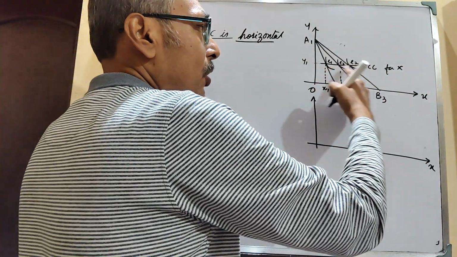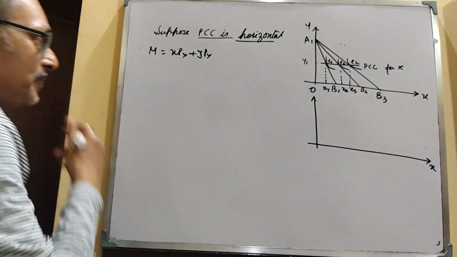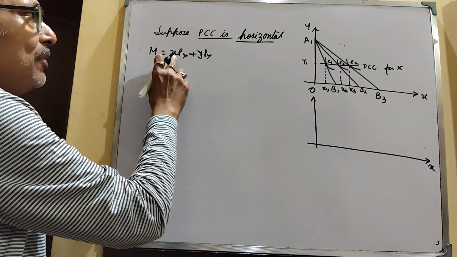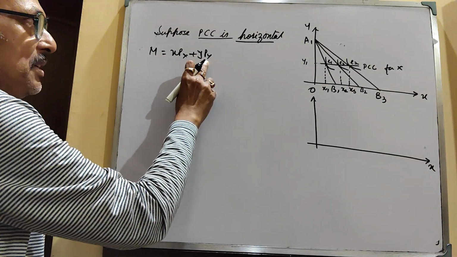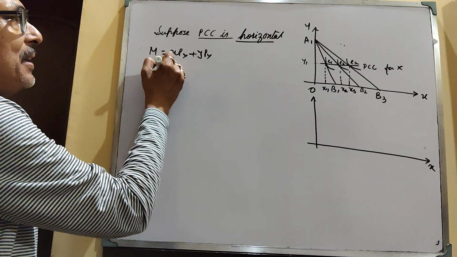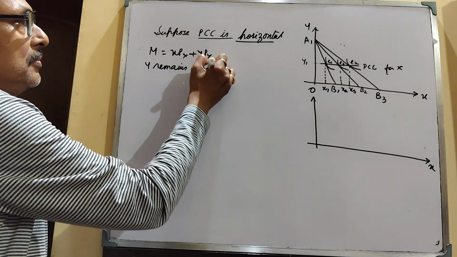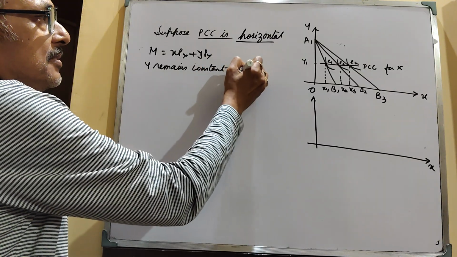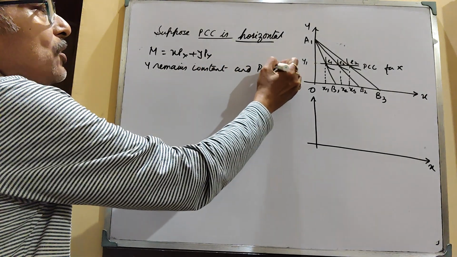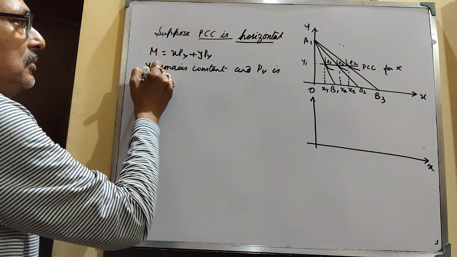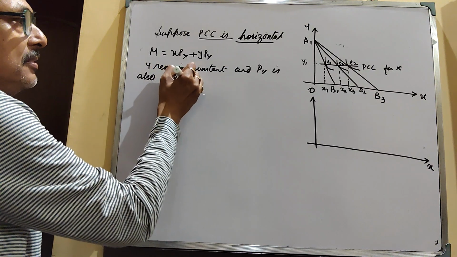Therefore, I am always drawing the PCC for x. Now, M equals xpx plus ypy. Y remains constant and py is also assumed to be constant.